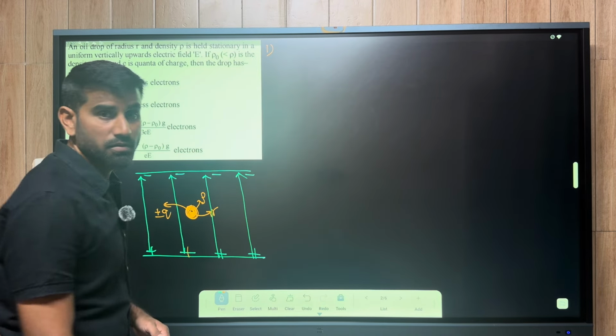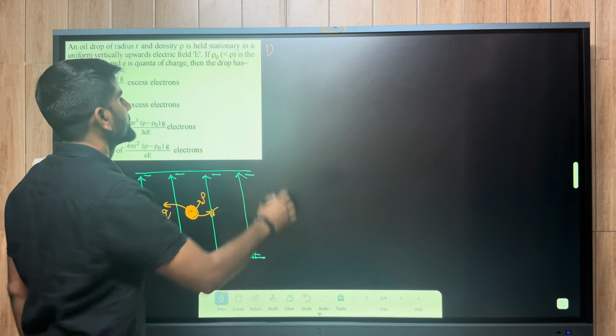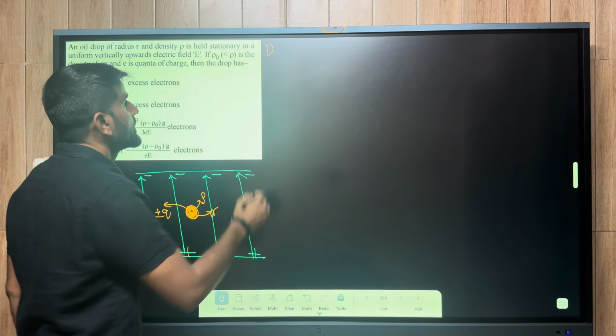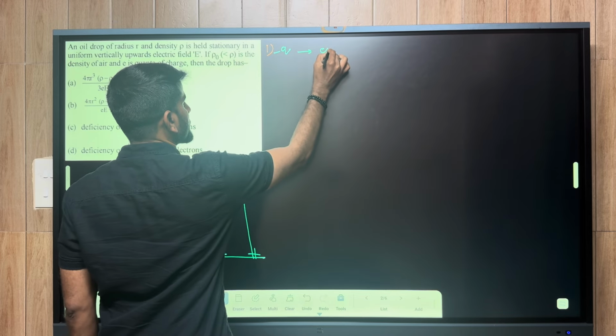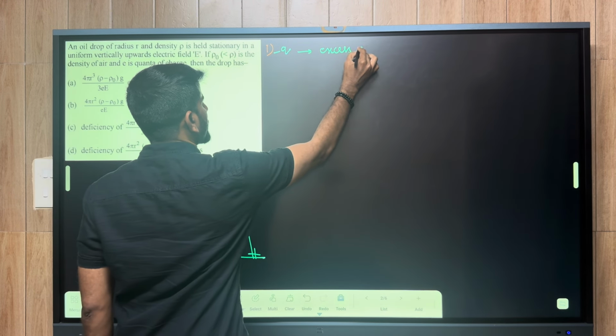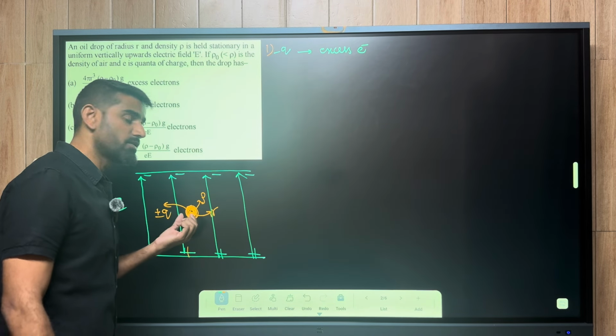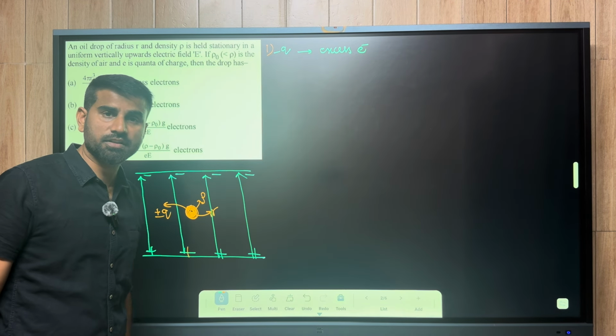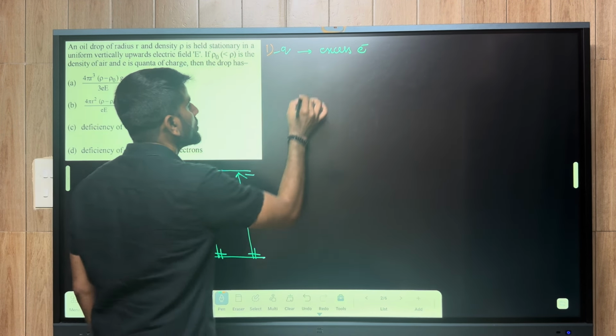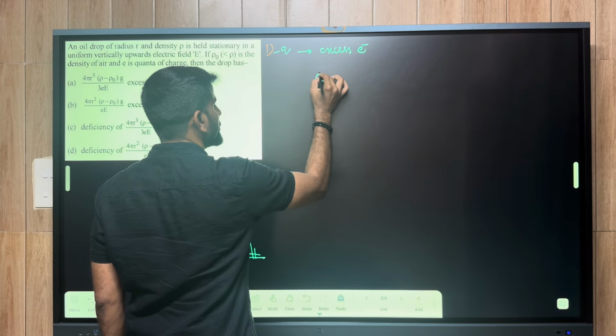Let's discuss the first case. In the first case, I'm going to take the charge as negative q, which means excess electrons are there in the drop. Now the oil drop is this one.